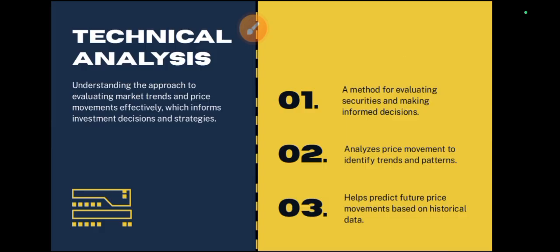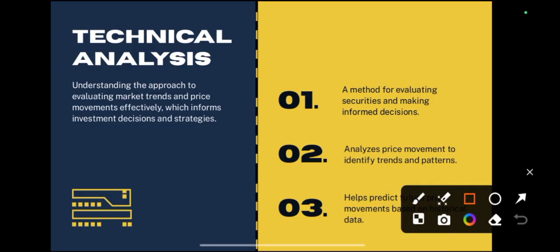So I believe at this point you have understood the three types of market movement, right? So let's continue. Now we have number one, a method which is technical analysis.